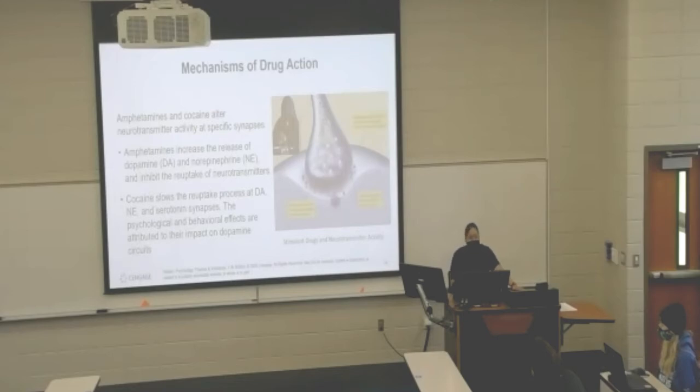Because of that effect of releasing this dopamine and this norepinephrine and slowing down that reuptake, we have this desired effect of euphoria, of feeling well, and of course, that can lead to addiction because it feels good. So if something feels good, it increases the chances that you will do it again. So any questions about that specific mechanism?